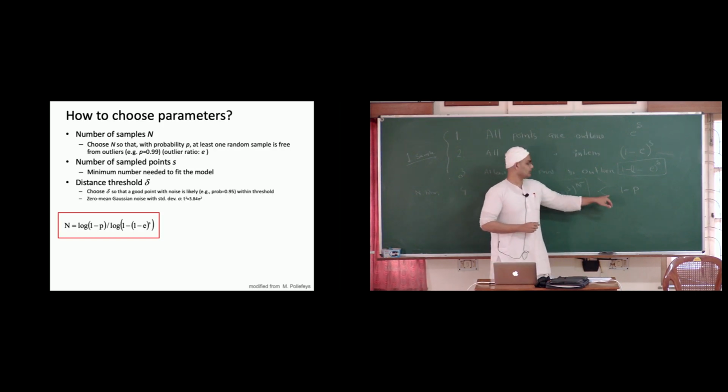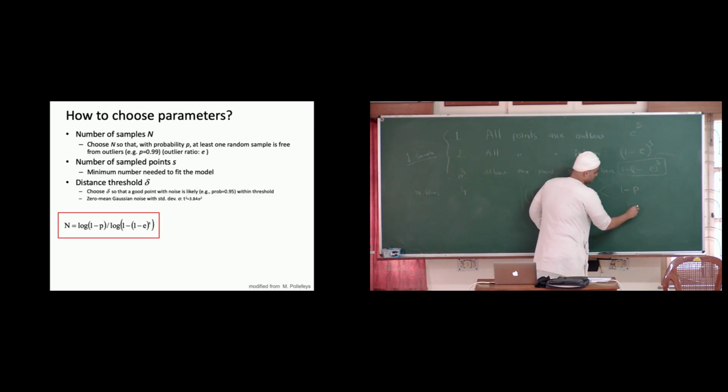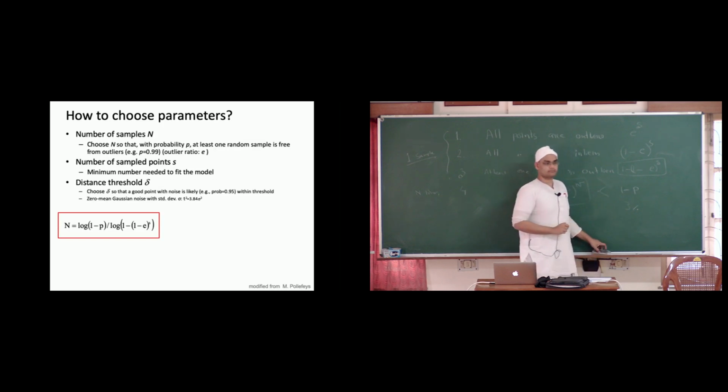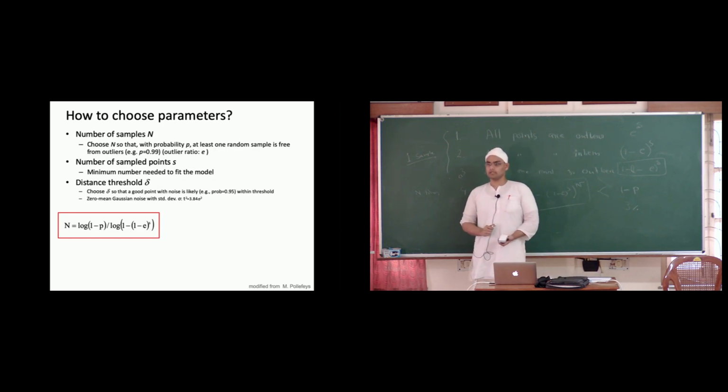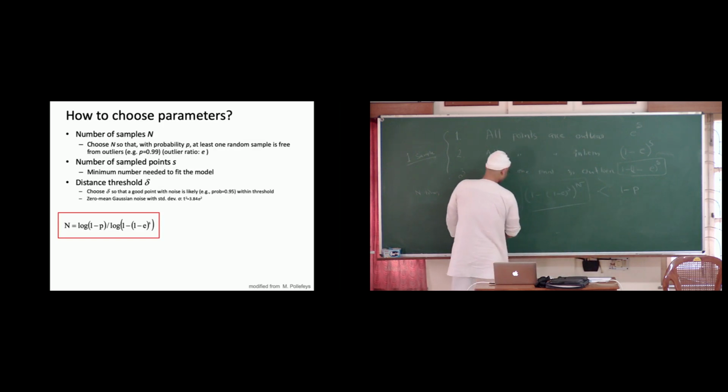For example, if you want it to be better than 97%, that means you want this number to be less than 3%. Okay. So from this line, you can just take some log and everything, because all you want right now is to calculate this n.